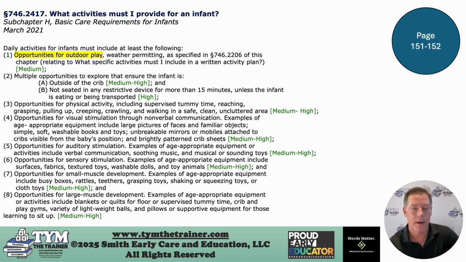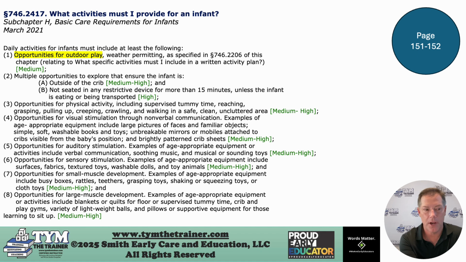Now, when we talk about what activities must be provided for an infant, once again, you can see number 1, opportunities for outdoor play. So when weather permits, you need to get those infants outside as long as they can tolerate it. But then when you go down to, for example, number 7, opportunities for small muscle development.